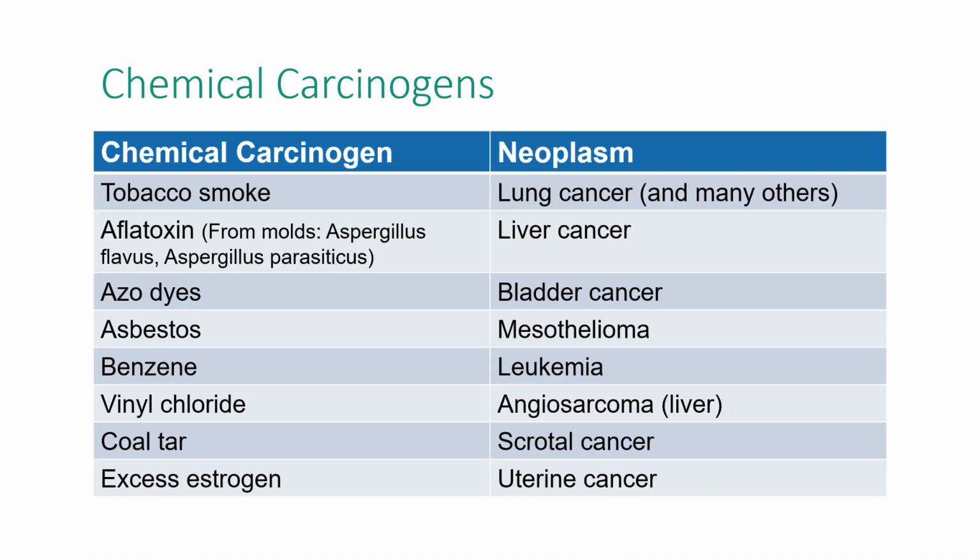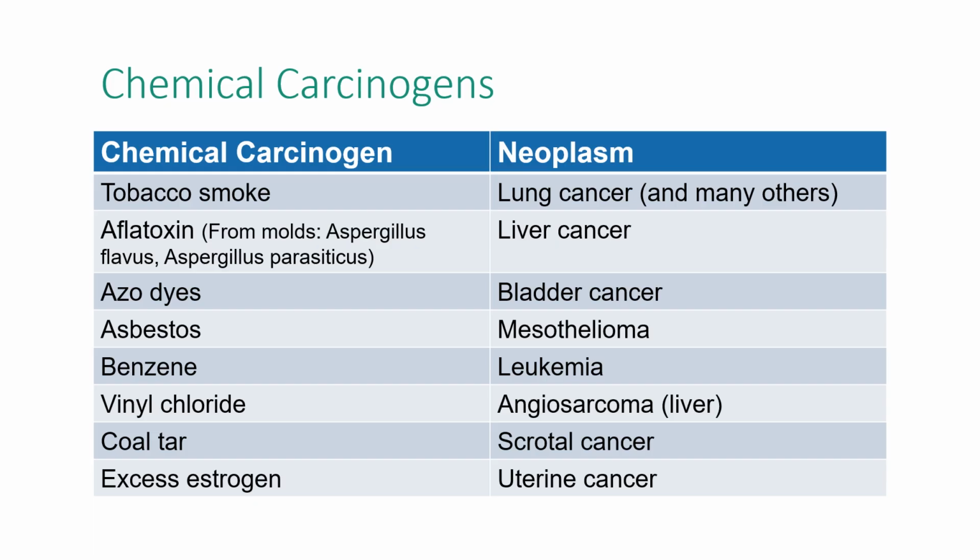This table is high yield, but I want you to understand why these pairings exist. Chemical carcinogens typically work through chronic exposure, metabolic activation, and repeated tissue injury. So take tobacco smoke. It is a precursor to lung cancer and many others. So you have repeated epithelial injury and mutation overload.